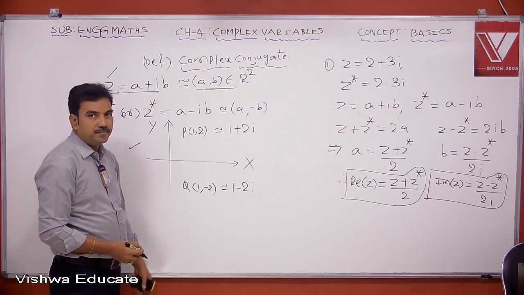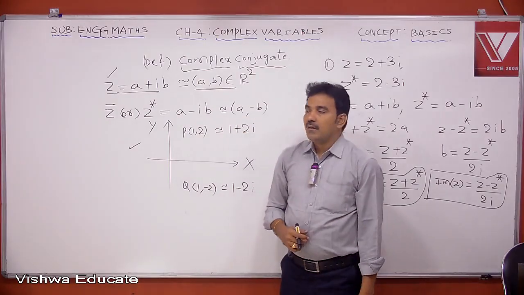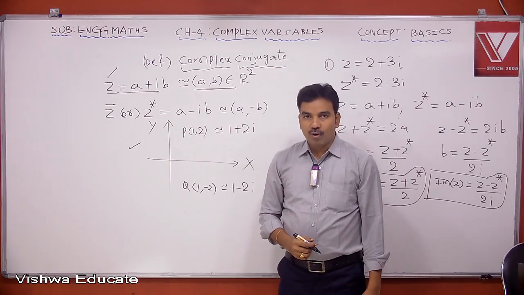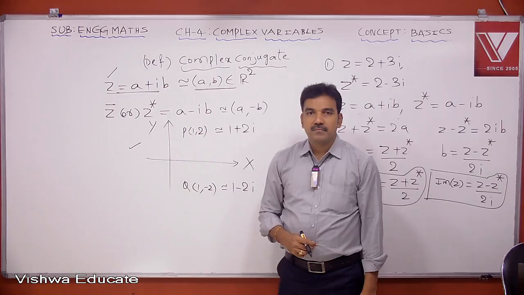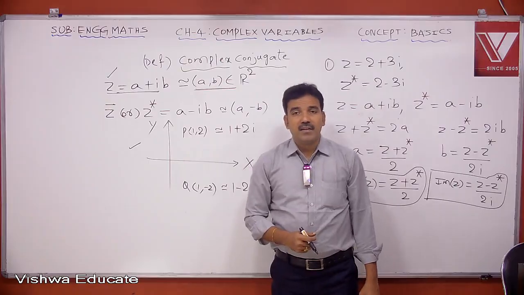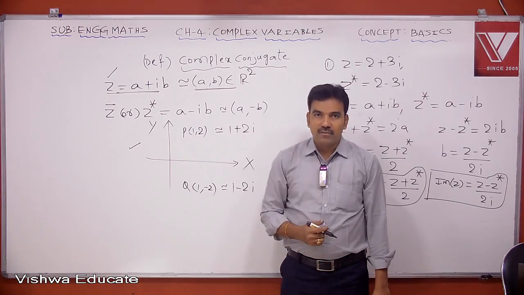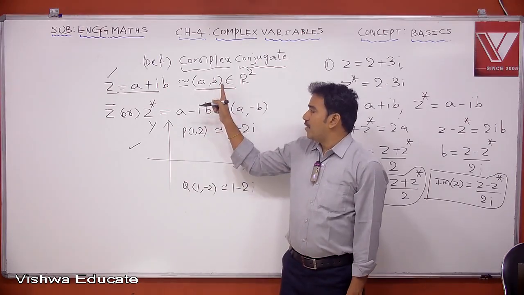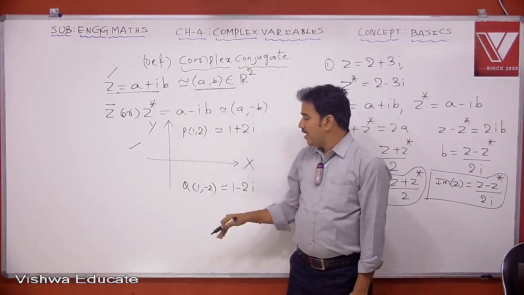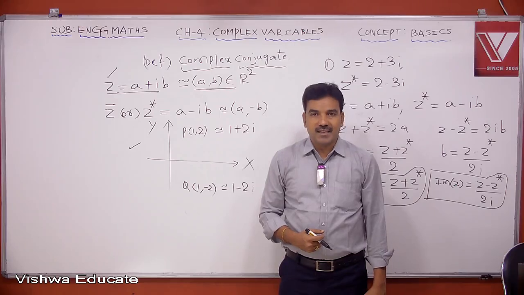Next note, if a plus ib is a complex number, then its complex conjugate is the reflection of the point a comma b about the x-axis.